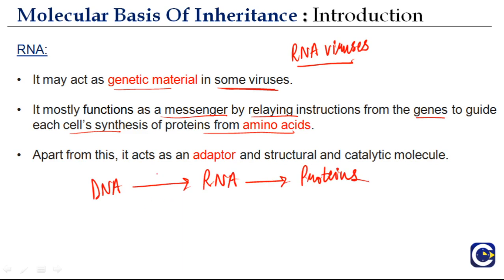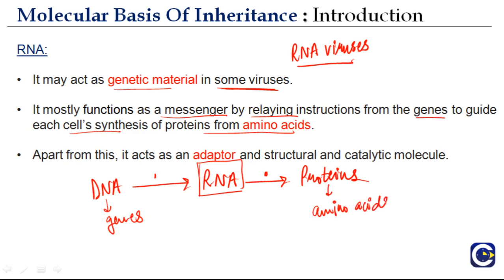This is the most important sequence and you must remember it. Each of these steps we are going to discuss in much more detail, but for now it is important to know that RNA acts as a messenger that relays the instructions from the genes on the DNA. The DNA has genes, which are sequences of nucleotides, to guide the synthesis of proteins from amino acids.